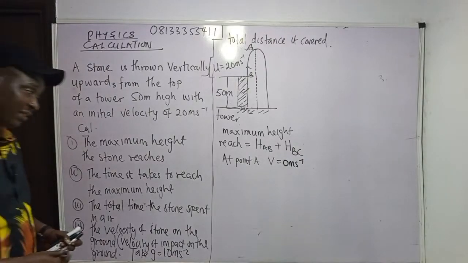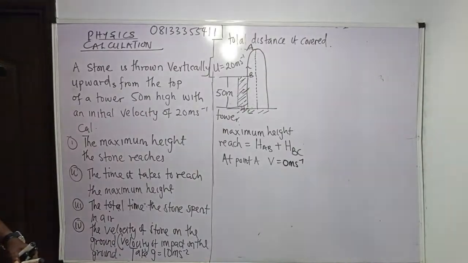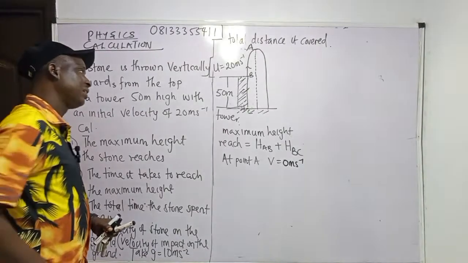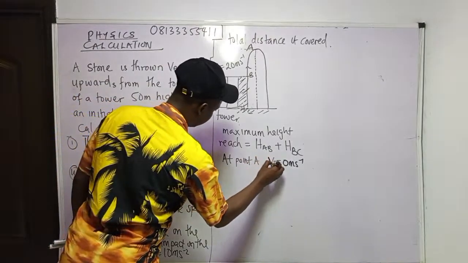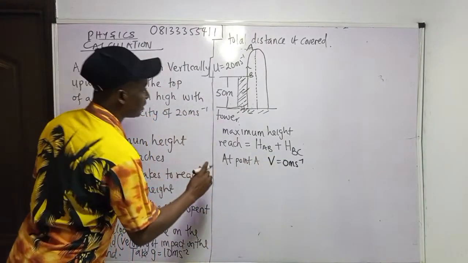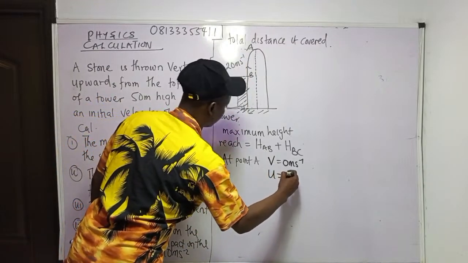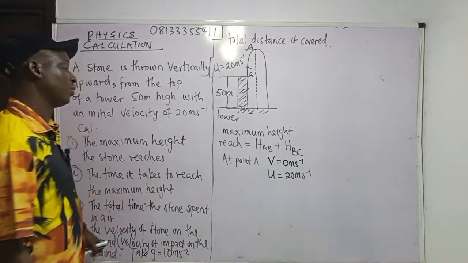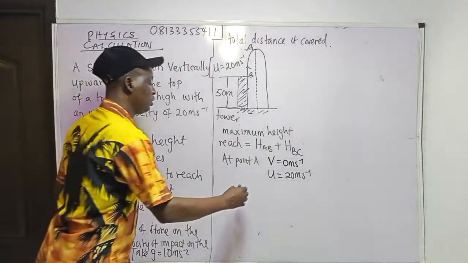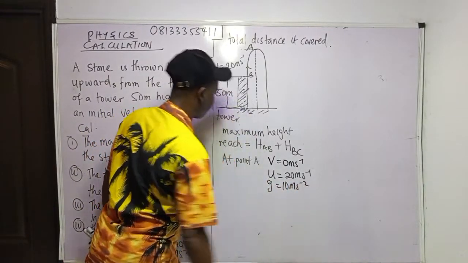Do not forget that. The velocity of projection, the initial velocity, is 20 meters per second. And we also know our G as 10 meters per second square.